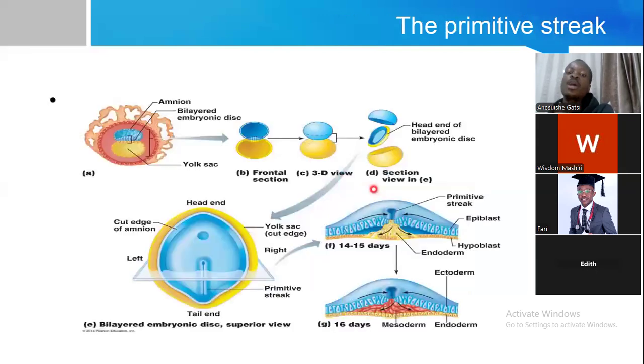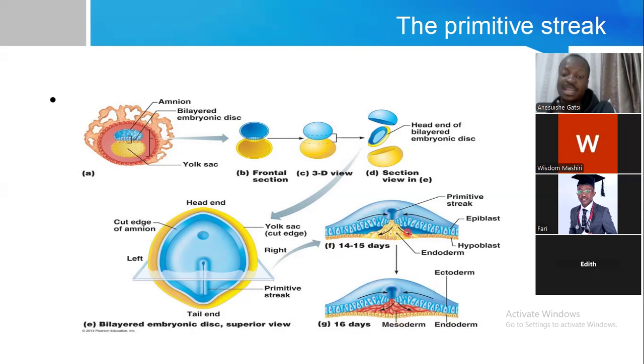When you look at this diagram again, you'll notice that the cells of the epiblast that invaginate first and displace the hypoblast are going to form the endoderm, which you can see on this picture here. On day 16, it's appearing in, I think, gold or yellow. I'm a bit colorblind.